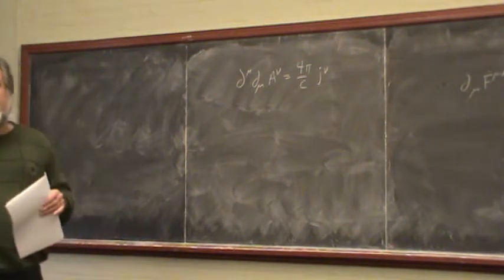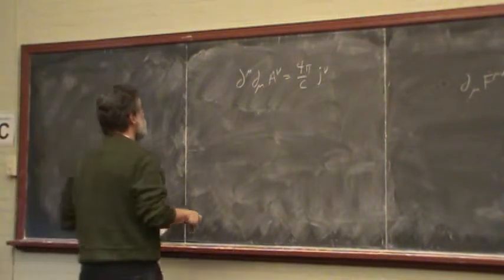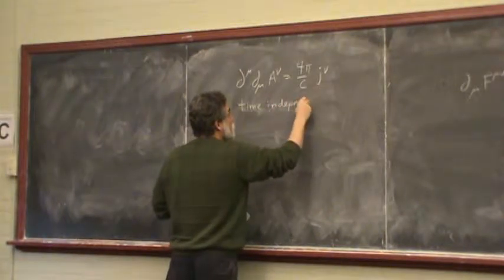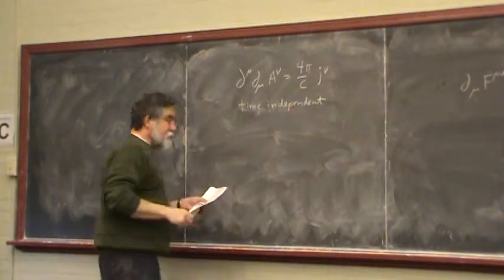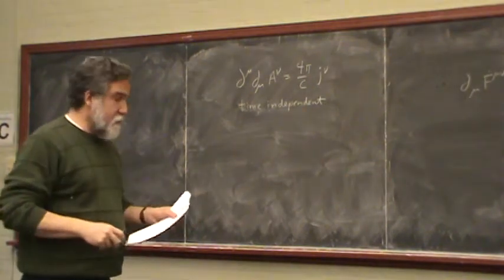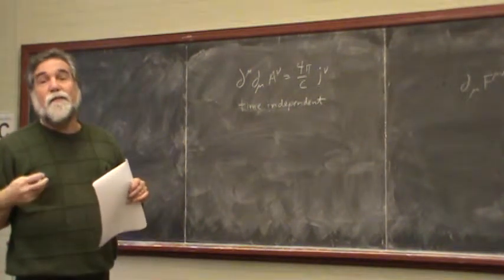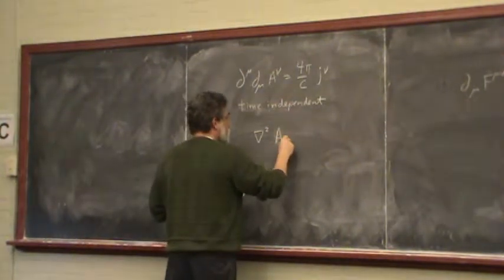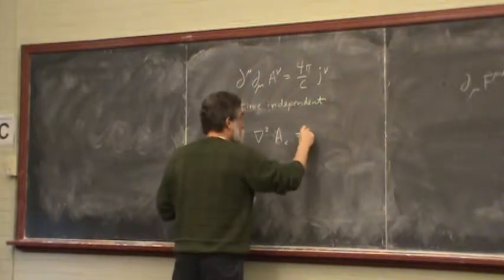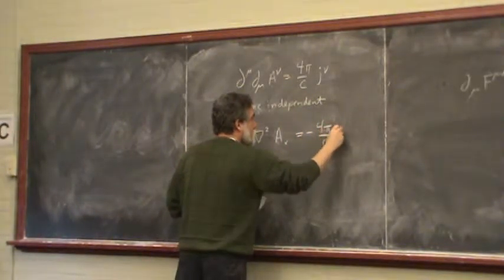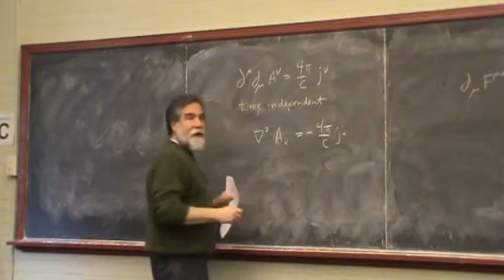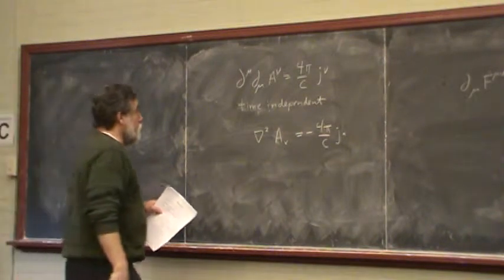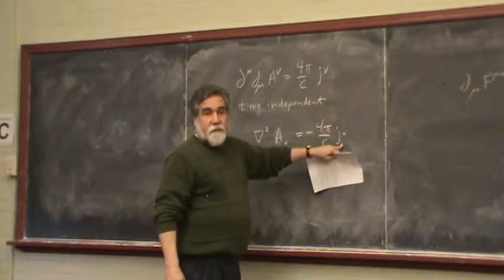And in the time-independent case, this reduces in normal space into del squared A sub x equals minus 4 pi over c J sub x. And this is the local current density.